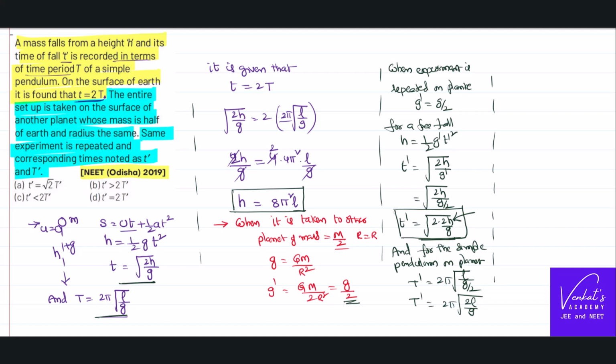So let me write that. t dash equals root of 2 into 2h by g, and h equals what I have derived, 8 pi square L. Substitute that. t dash becomes root of 2 into 2, this 4 by g, in the place of h, 8 pi square L. I have to write it in these terms, right? 2 pi into root of 2L by g is T dash.